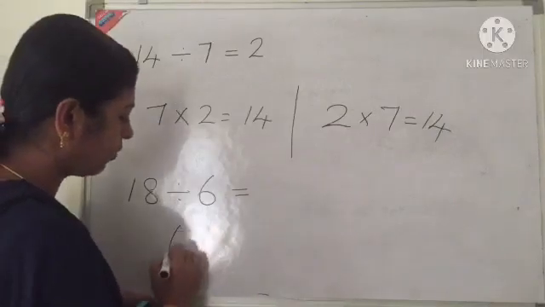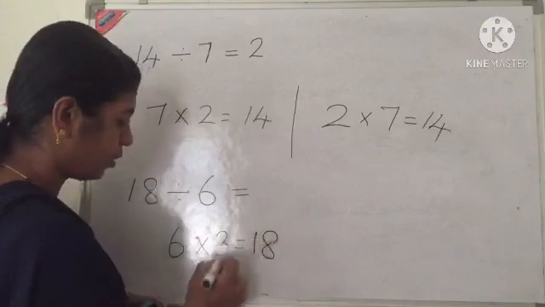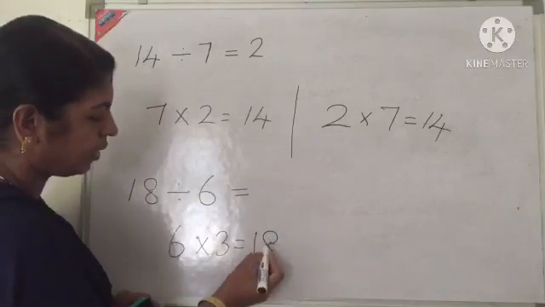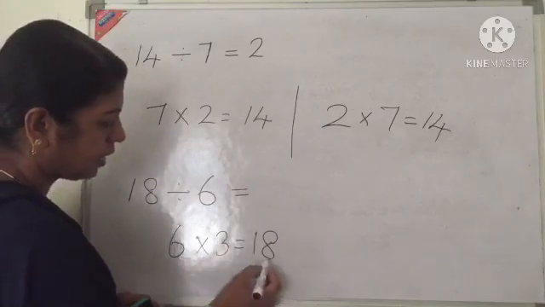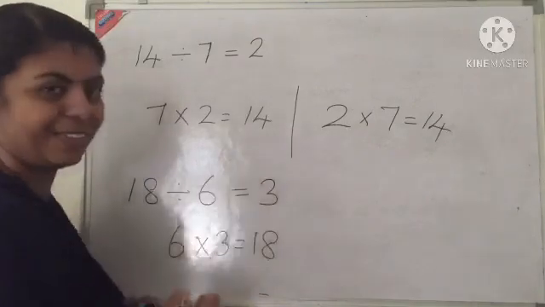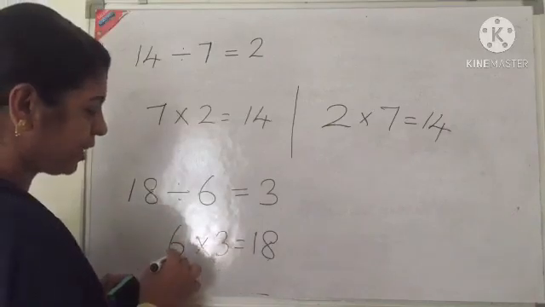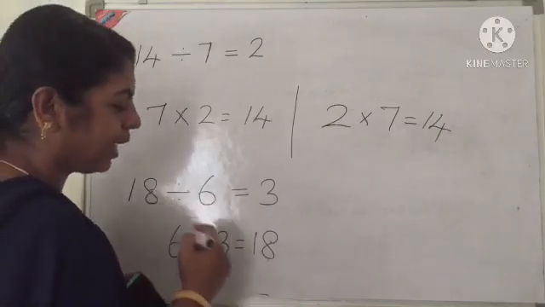So 18 divided by 6 equals 3. So the one multiplication fact is 6 into 3 equals 18.